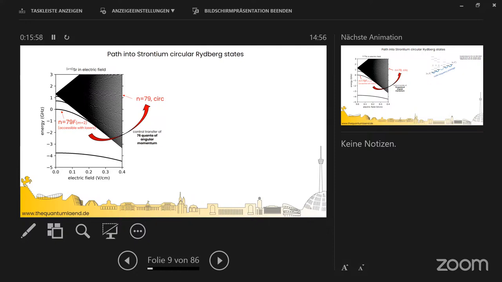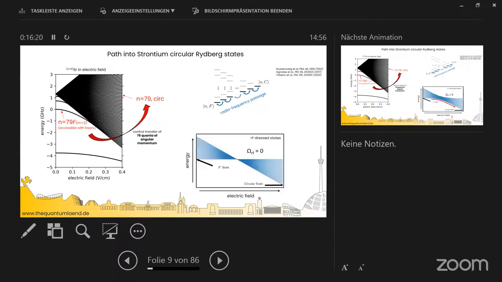You only need one radio frequency here that is resonant with this spacing here. And then you can basically drive the system from this stretched F state to this here. And so you can imagine that this is called radio frequency adiabatic passage. It has also been explored long ago in atomic beam experiments. But you can think of it as follows.